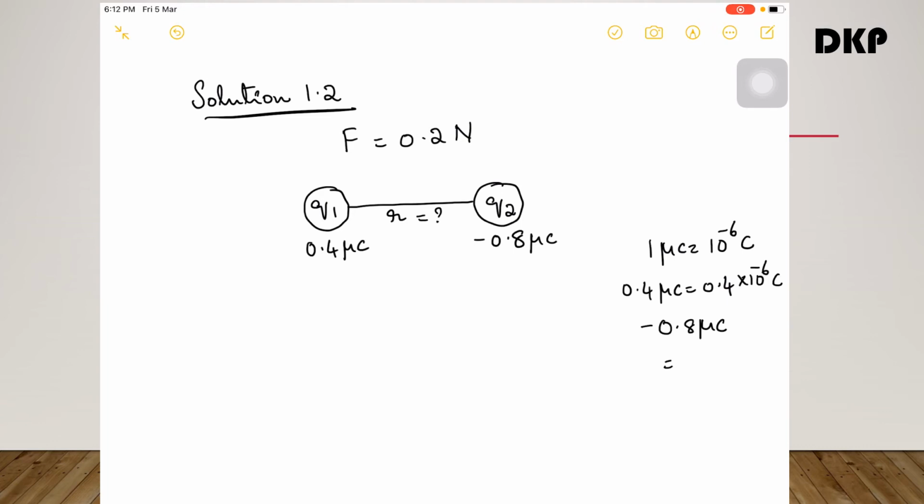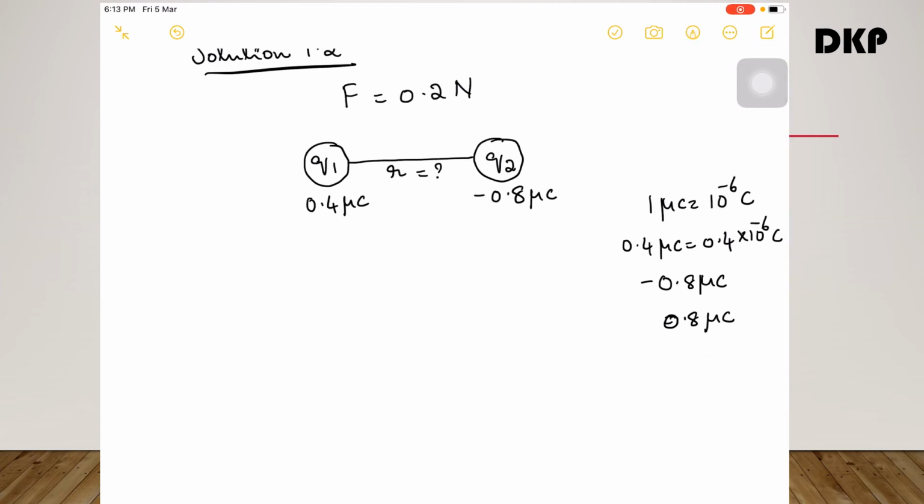When you substitute the values of Q1 and Q2 in the formula for force, never take the sign. So you have to write only 0.8 microcoulomb. Don't use the sign. So 0.8 microcoulomb is equal to, when you convert that to coulomb, 0.8 into 10 to the power of minus 6 coulomb.